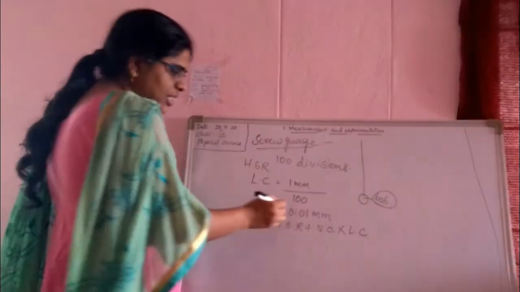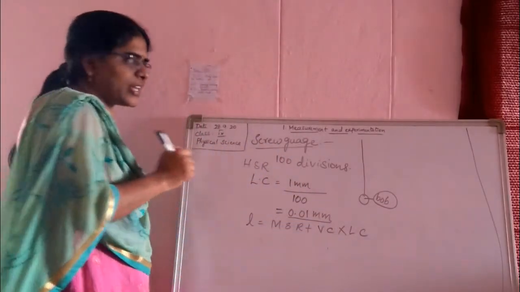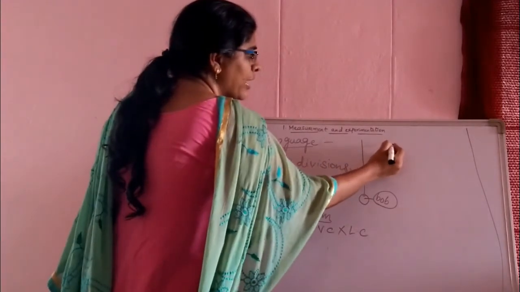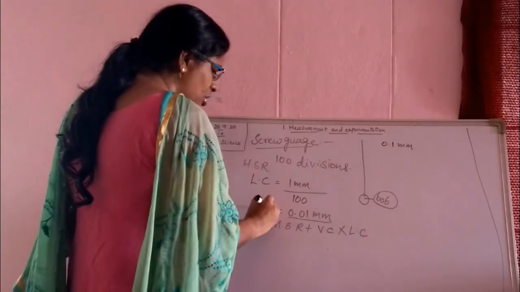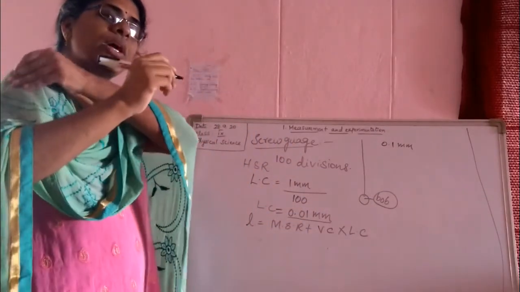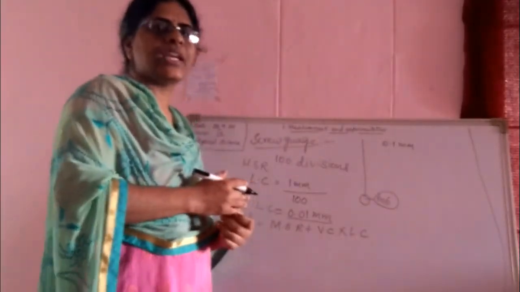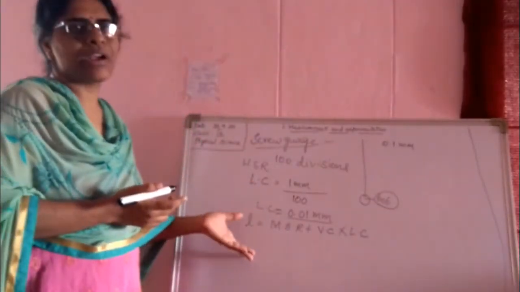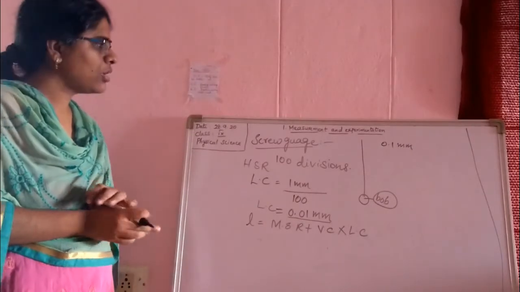The difference here is, the least count of your vernier calipers is 0.1 mm. But here the least count of your screw gauge is 0.01 mm. Like this, we will be finding out the length or diameter of a sphere or a glass plate.